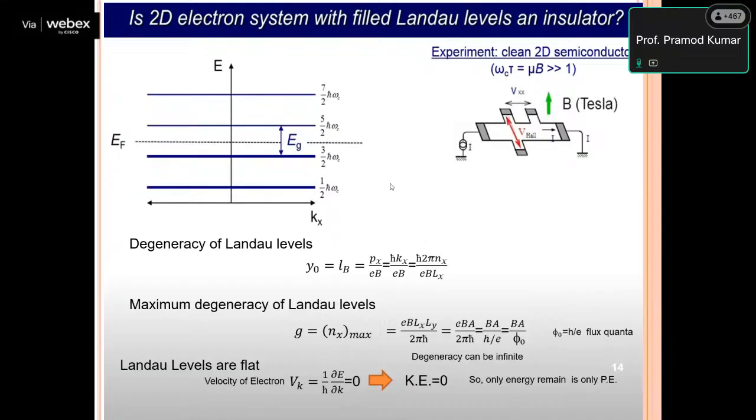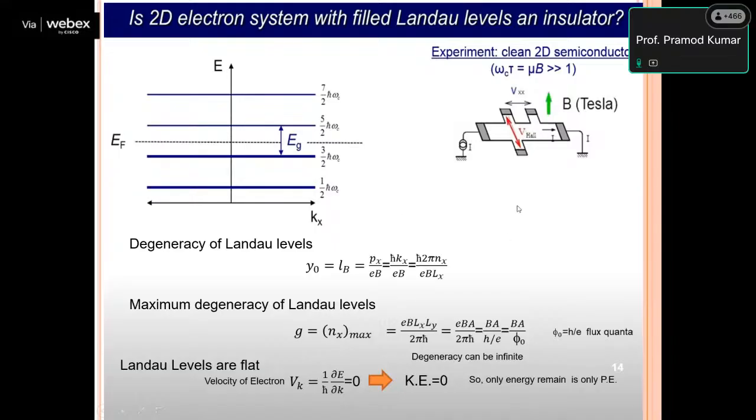Whenever you move from here to here, this is the l_B, and this length is fixed. After a certain time, you reach the maximum length, and after that it is not possible to move.